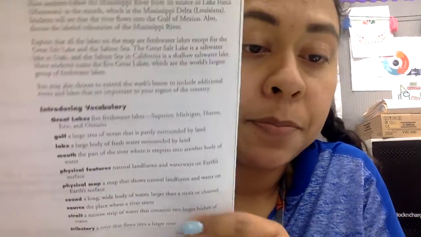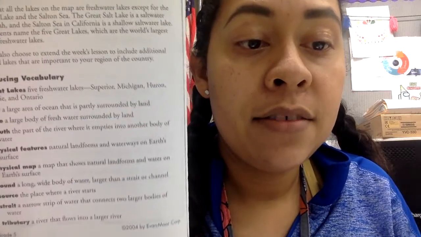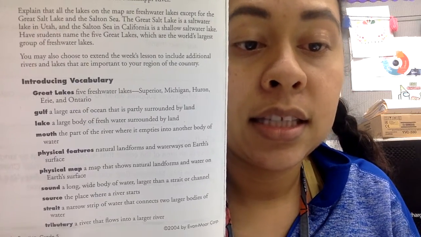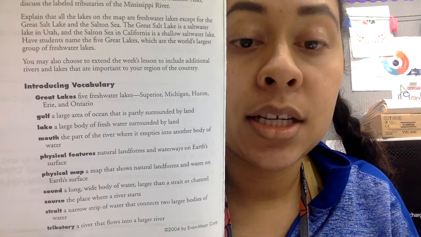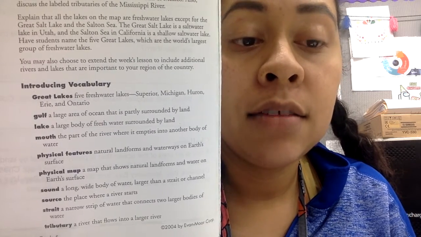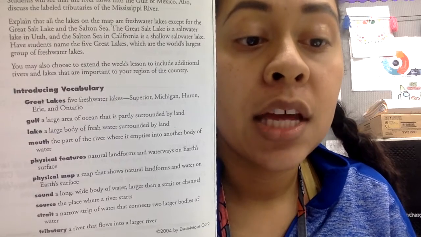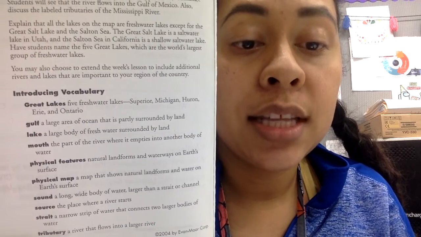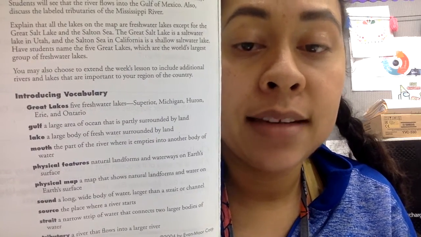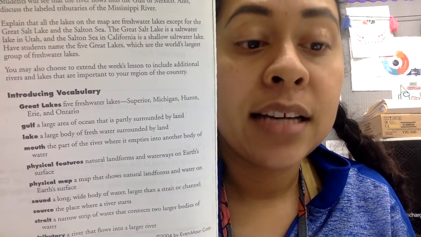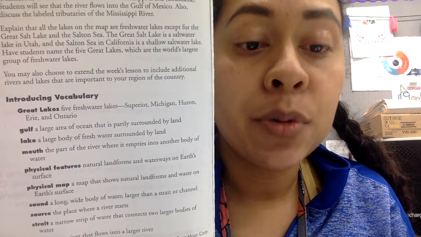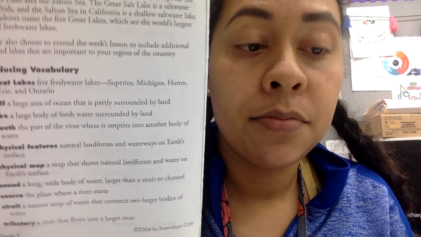Okay, our vocabulary. Great Lakes: 5 freshwater lakes, Superior, Michigan, Huron, Erie, and Ontario. Gulf: a large area of ocean that is partly surrounded by land. Lake: a large body of fresh water surrounded by land.